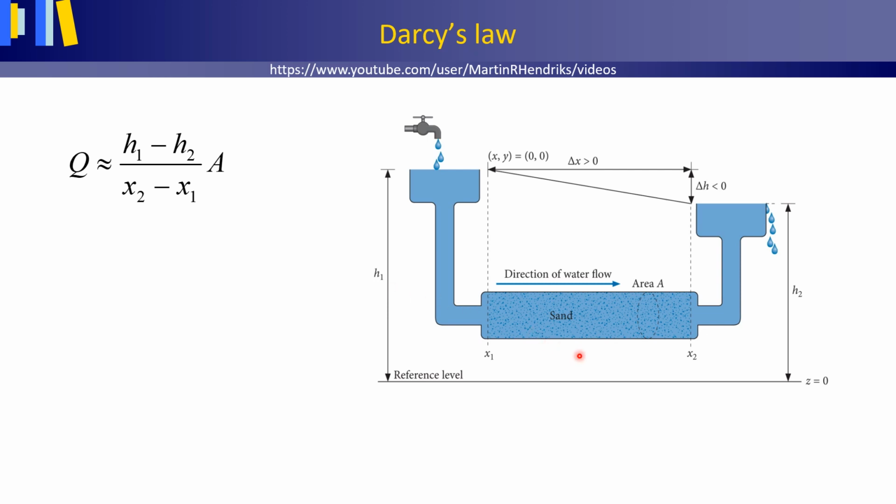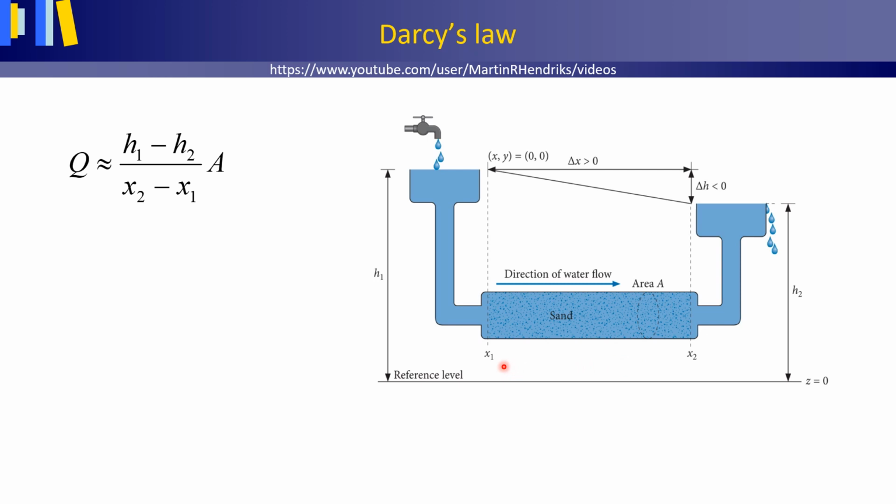The distance, delta x, is defined as the location to which water flows, x2, minus the location from where it was dispatched, x1, and not the other way around. For this horizontal water flow, the distance delta x thus equals x2 minus x1.